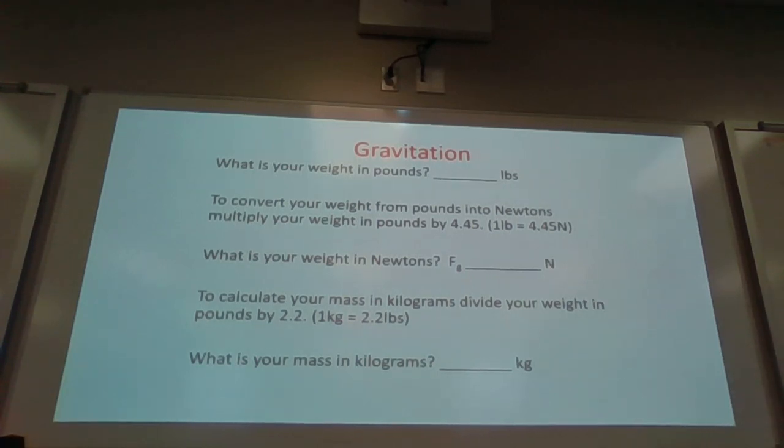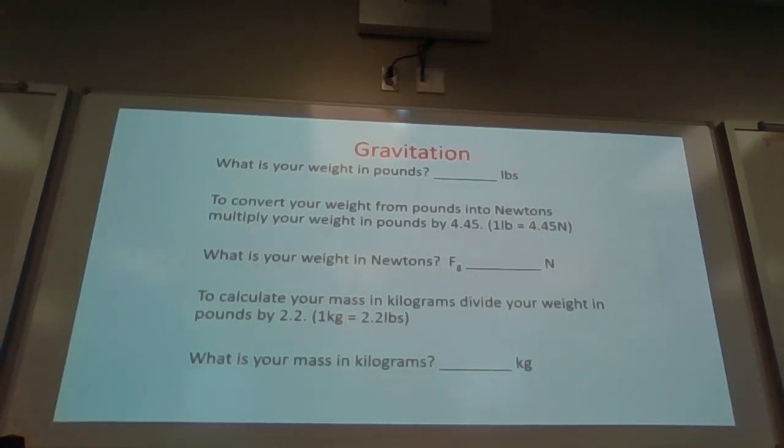That could be encouraging or discouraging depending on which way you want to go with that. But put an N by that. That's newtons. Okay. I also want to find your mass in kilograms. So take your pounds and divide it by 2.2. If you were in Europe, this is what you would write.